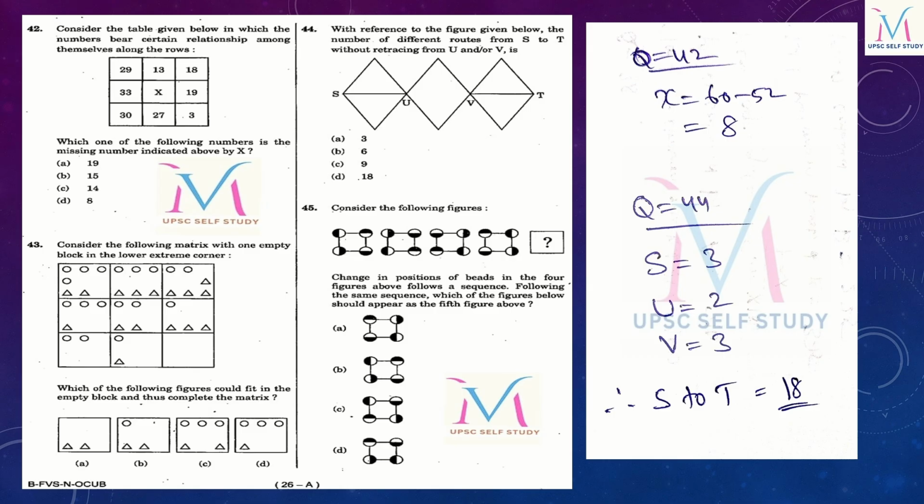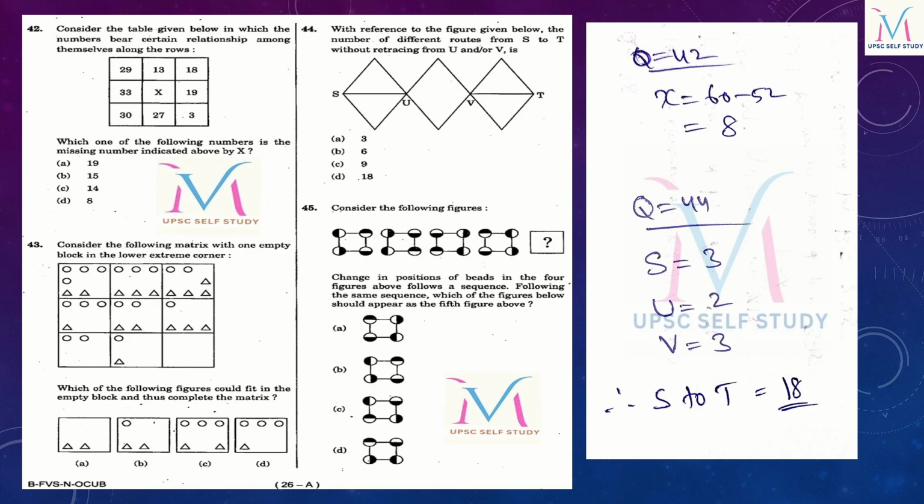And coming back to question number 43. Consider the following matrix with one empty block in the lower extreme corner. So all the boxes have some circles and triangles, and the last box is empty, and we have to fill that now.